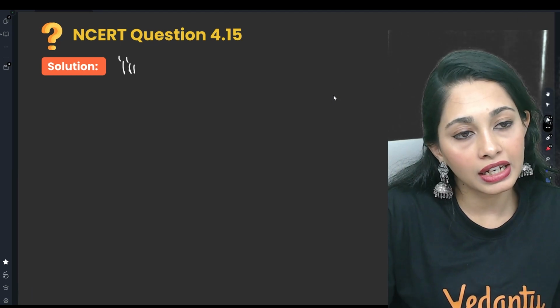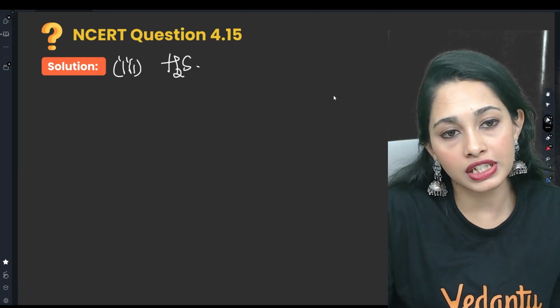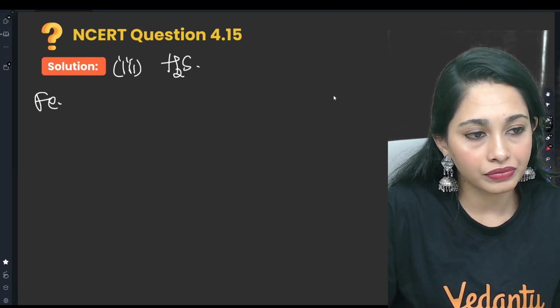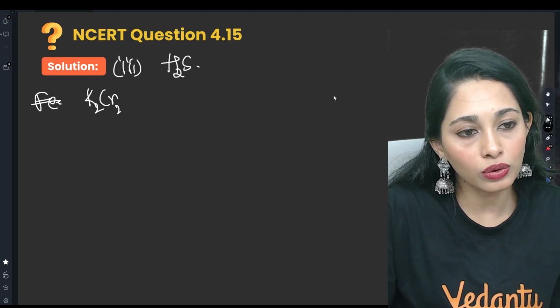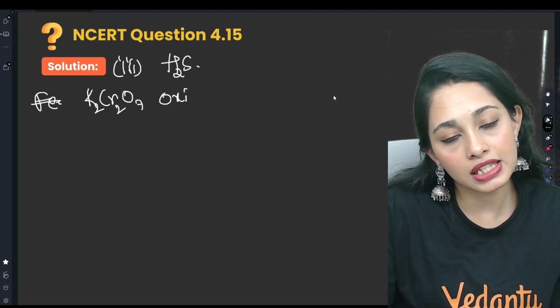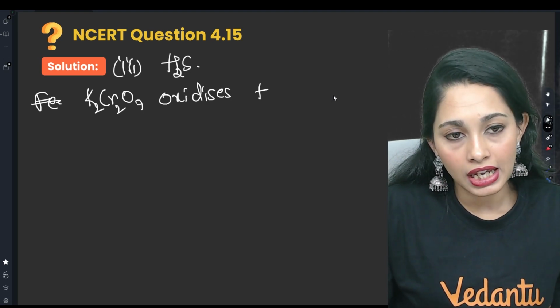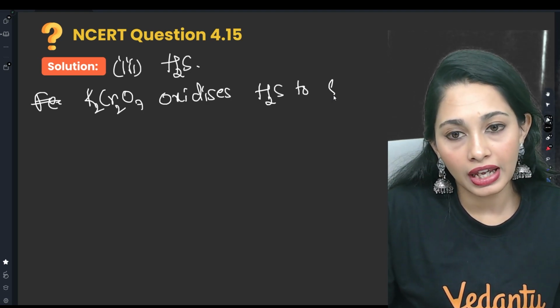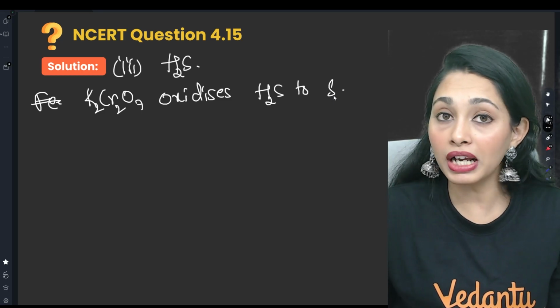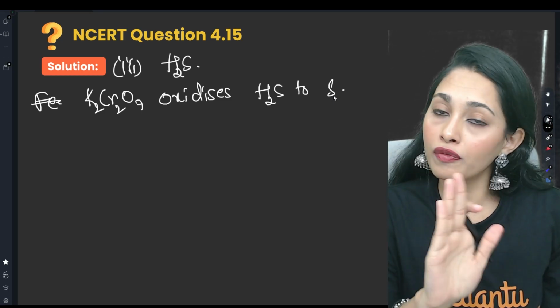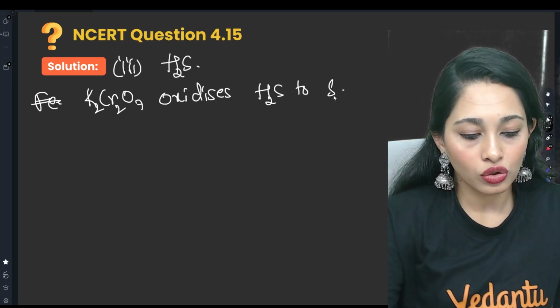Moving on, we had H2S to oxidize. So K2Cr2O7 oxidizes H2S. Oxidation is nothing but removal of hydrogen as well: addition of oxygen or removal of hydrogen. So what will happen here?